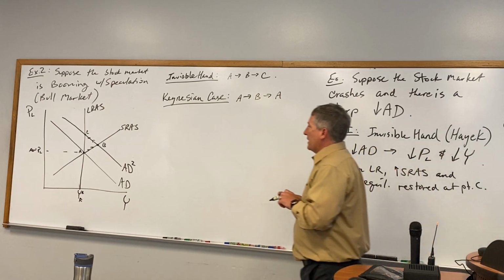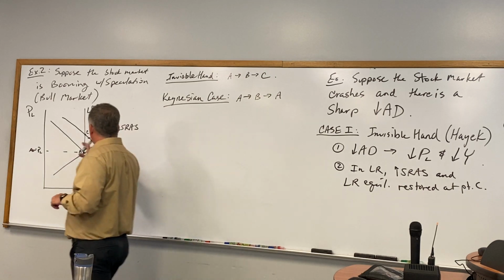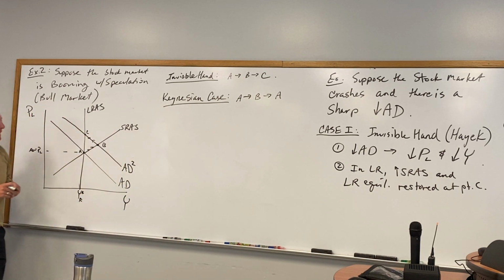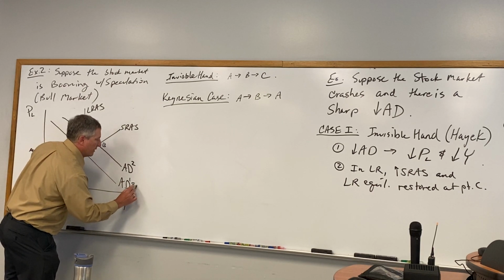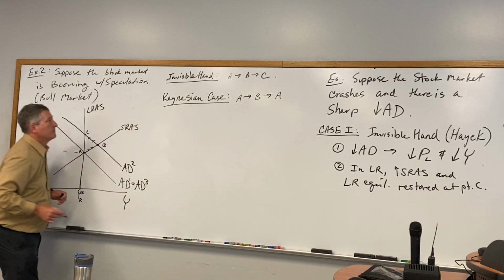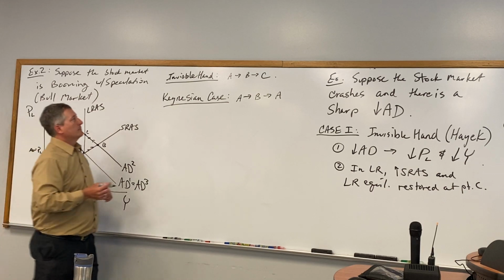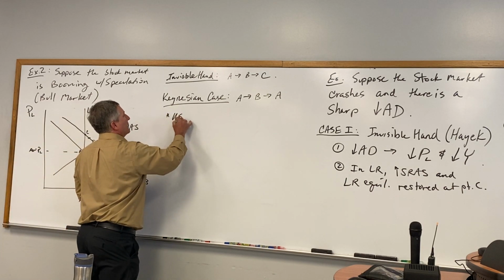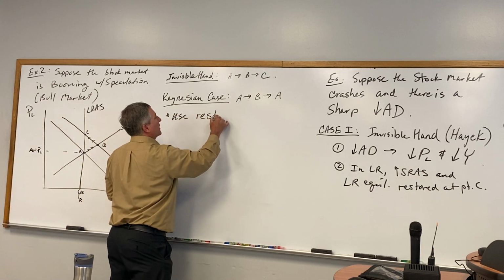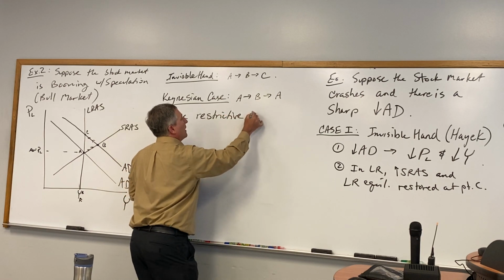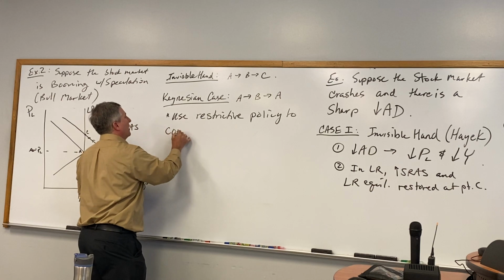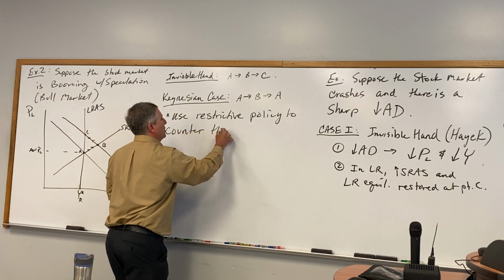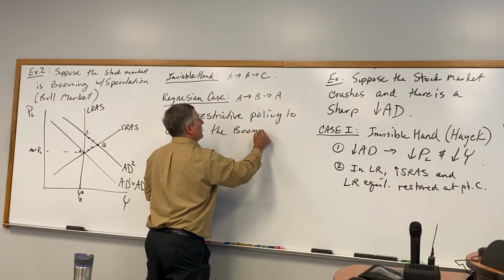And so we're going to use restrictive policy, cut government spending, to bring us back to an aggregate demand curve AD3. Use restrictive policy to counter the booming investment.